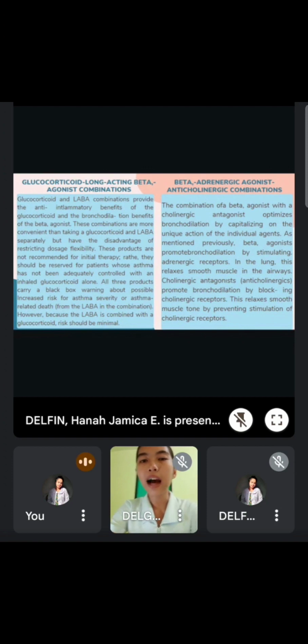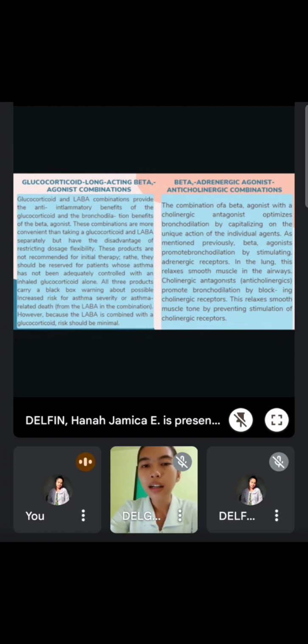The beta-adrenergic agonist, anticholinergic combinations. The combination of a beta-agonist with a cholinergic antagonist optimizes bronchodilation by capitalizing on the unique actions of the individual agents. As mentioned previously, beta-agonists promote bronchodilation by stimulating adrenergic receptors.